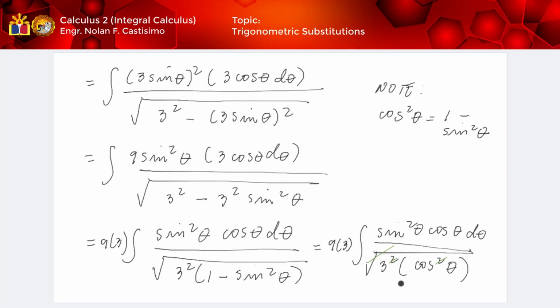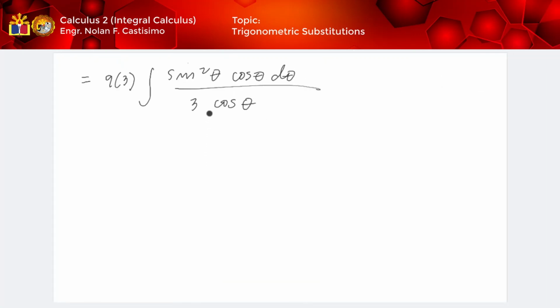Since na-cancel na yung mga square root, squared, and squared ng 3, and then squared ng cosine. And then later, ito, pwede na natin i-cancel itong 3. Kasi, pag ilalabas natin din lang yan. So, cancel na yan. Same thing with cosine theta. So, cancel, cancel. So, ang matitira na lang natin sa atin ay 9 integration of sine squared theta d theta.